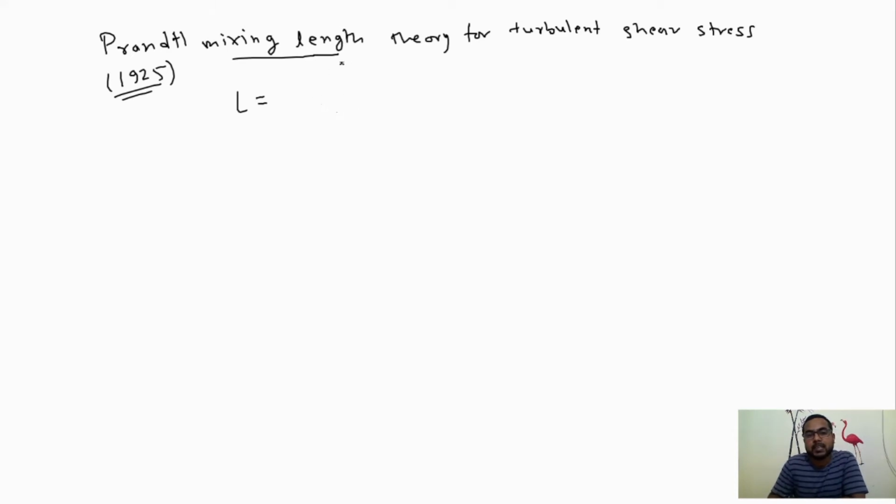The mixing length L is defined as the transverse distance between two layers of fluid particles in the pipe, where particles from one layer can move to the other layer and particles from there can move to this layer, so that the momentum in the x direction remains constant. So u dash is defined as L times du by dy.